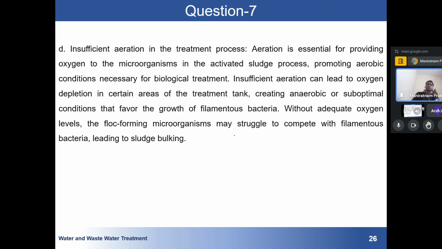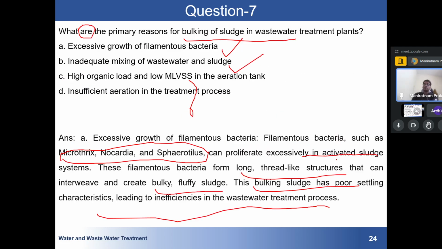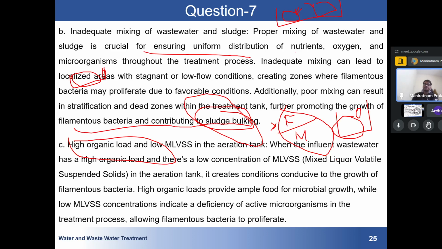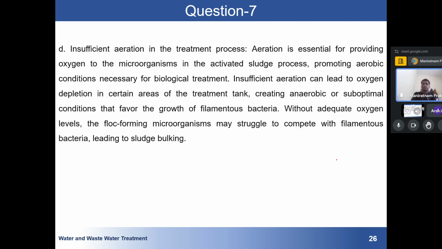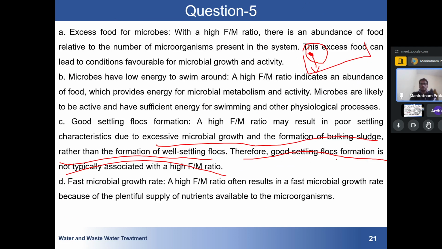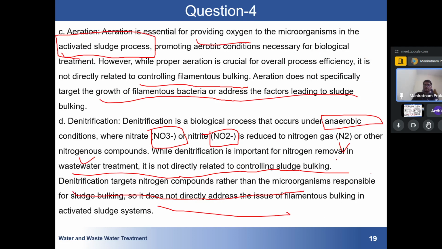The fourth option is insufficient aeration in the treatment process. Again, this insufficient aeration, I have already discussed this aeration somewhere.